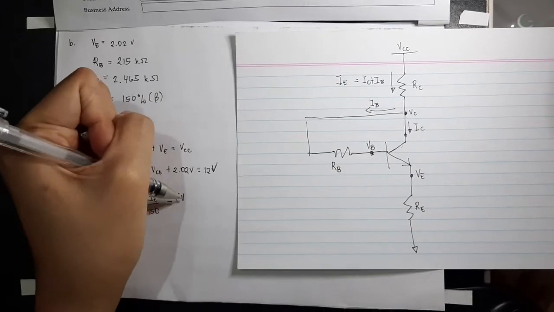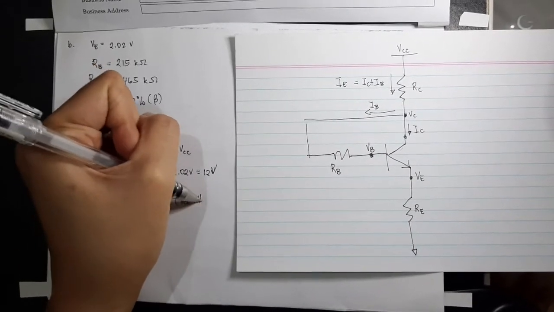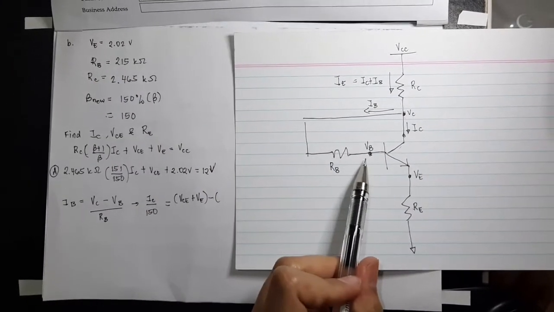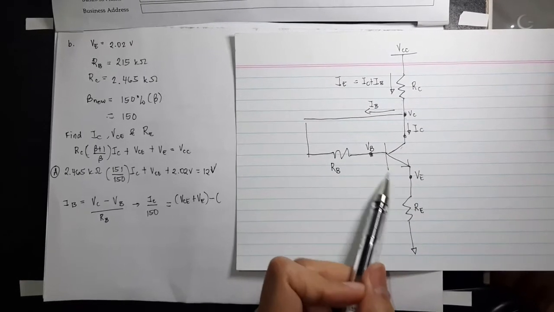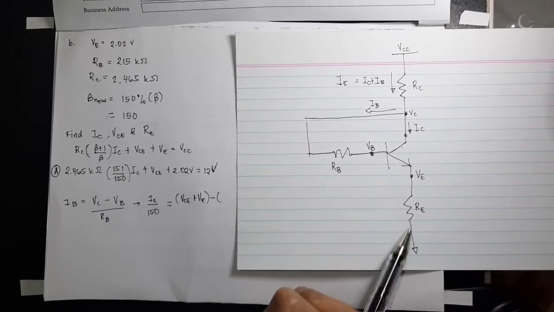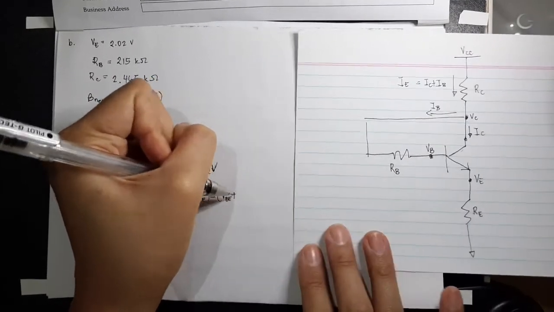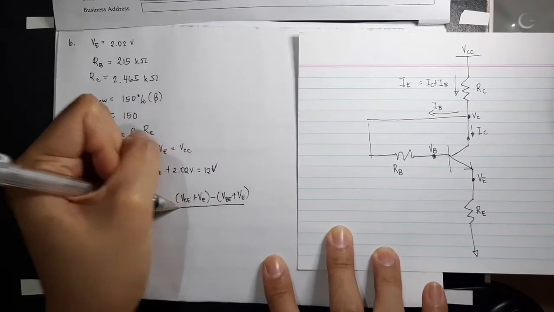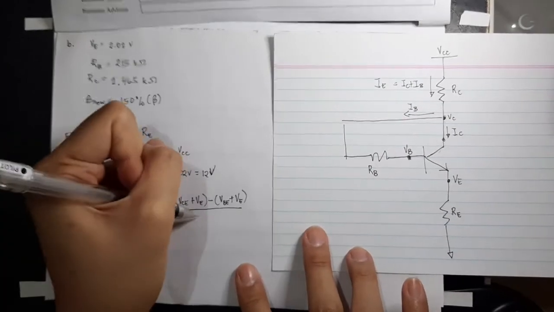So let me just write that, VCE plus VE, minus yung VB naman natin is equal to the sum of VBE and VE. So that's VBE plus VE. And this is all over RB.